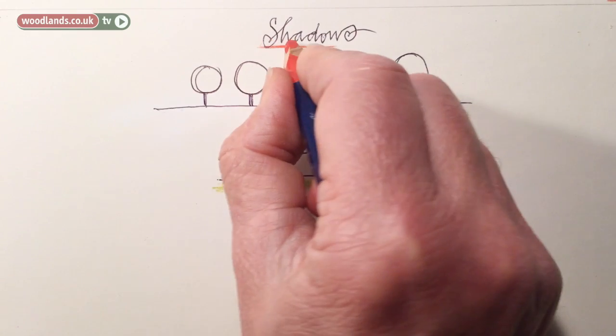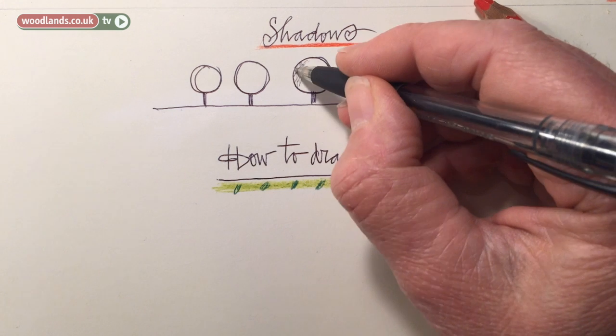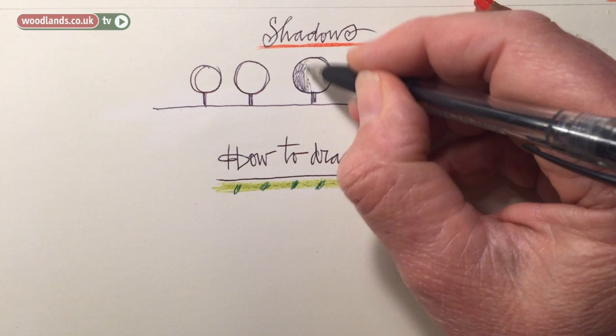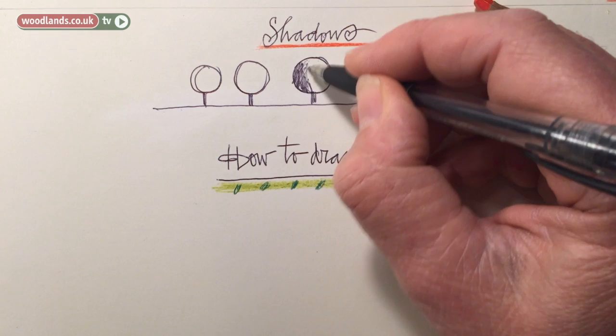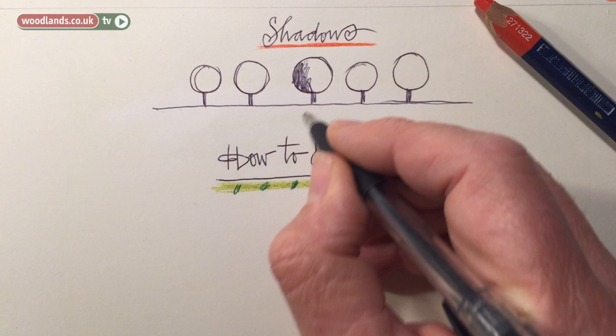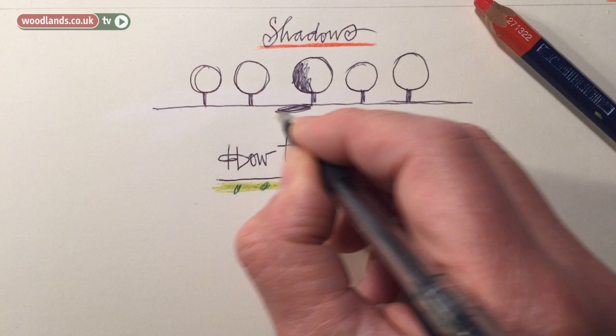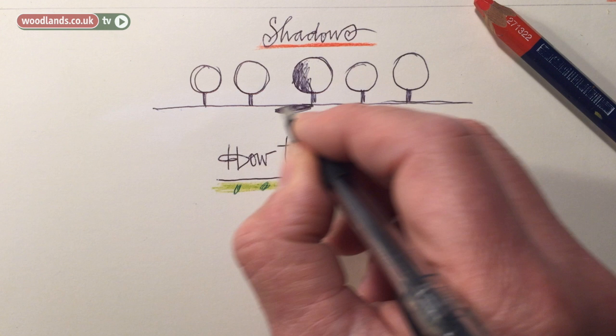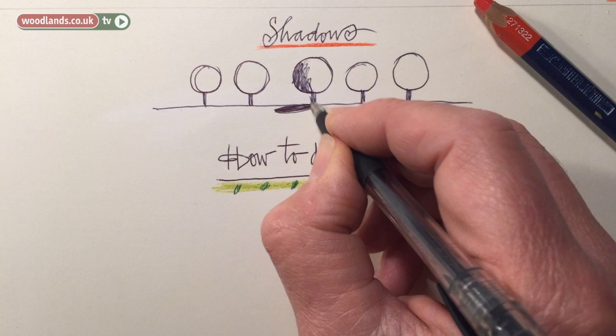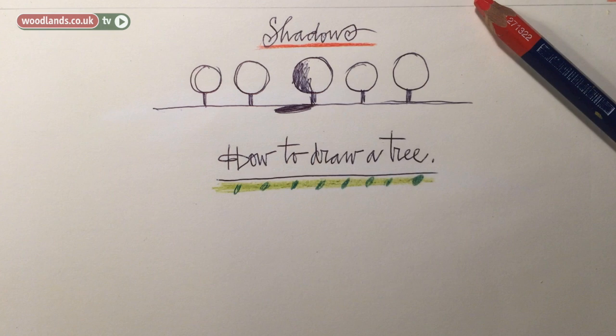Shadows make the difference. Simple shadows like this on a side and another like this on the ground give a sense of a three-dimensional object. So now it's something more than a simple circle.